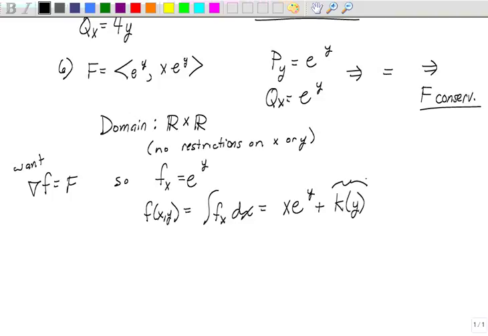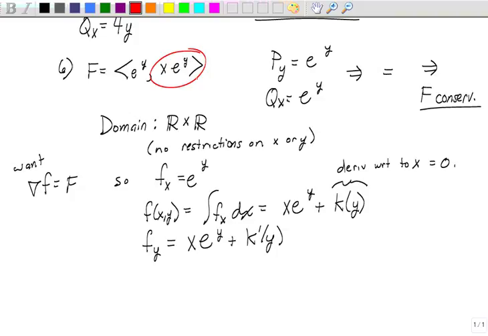So this derivative with respect to x is 0. Now we take the partial of that with respect to y, so that's going to be x e to the y plus k prime of y, but f of y was right here. So that tells us that k prime of y is 0, or k prime of y is a constant.